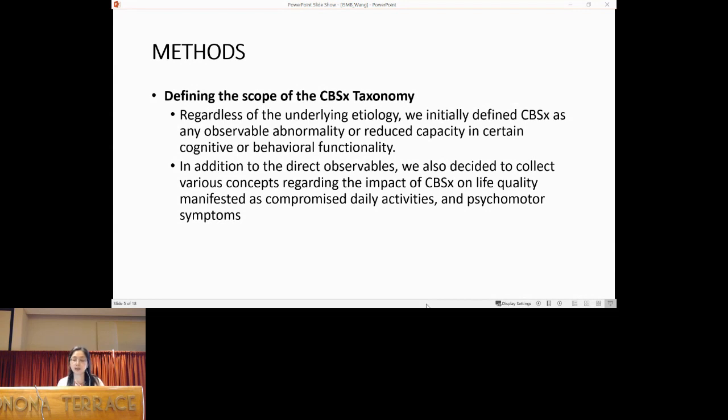In addition to cognitive or behavioral symptoms, we also decided to collect various concepts regarding the impact of cognitive behavioral symptoms on quality of life, manifested as compromised daily activities. And we also included psychomotor symptoms. This is another class of concepts, which are impaired movements due to nerve impairment.